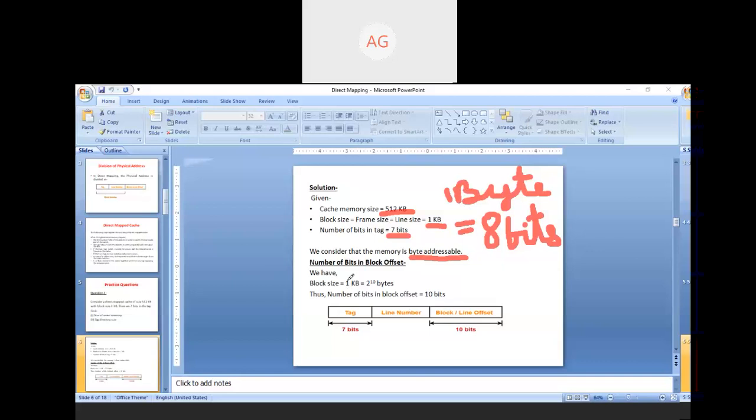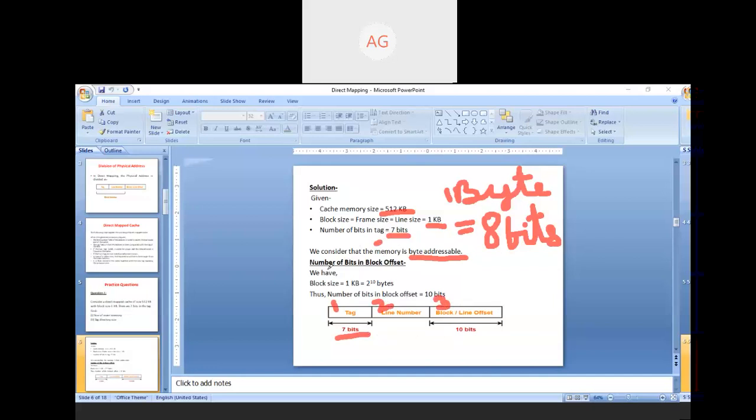So first, according to the diagram of direct mapping for physical address, this is the diagram. First is the tag division, second is the line number division, and the third is the block or line offset. Here it is given that the number of bits in the tag is 7 bits. So the tag consists of 7 bits.